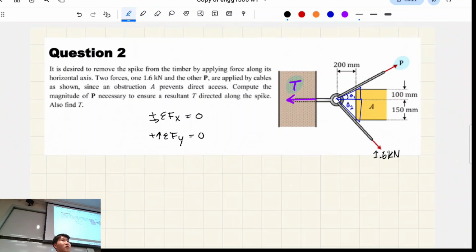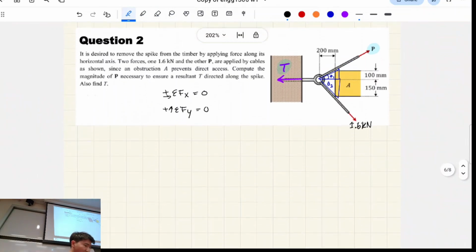So this is called static equilibrium, and it's saying that in order for this whole system not to move in this free body diagram, the sum of the forces has to equal 0, including the reaction forces driving this spike into the wall, right?